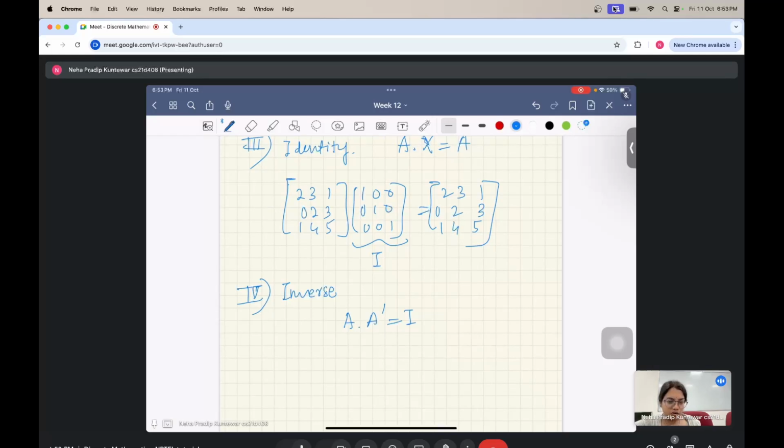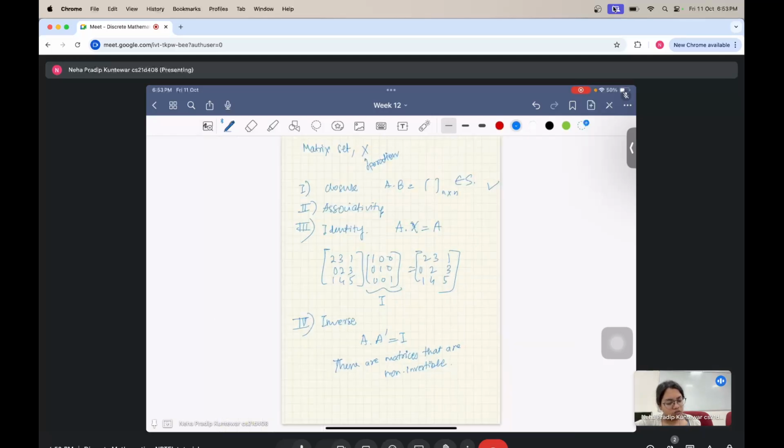But there are matrices that are non-invertible. So that is what we have, and therefore this is not a group. And I'll just end this discussion with that.